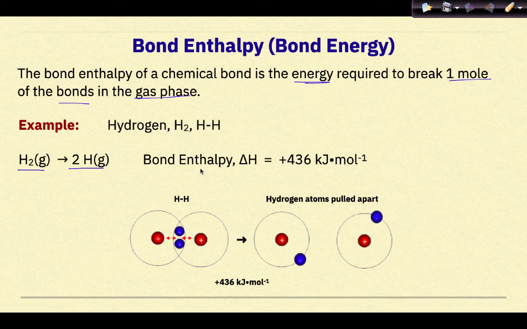The bond enthalpy, or delta H, is positive 436 kilojoules per mole. As we can see from this model at the bottom, a diatomic hydrogen molecule needs 436 kilojoules of energy per 1 mole to break those hydrogen atoms apart and form individual gaseous hydrogen atoms.